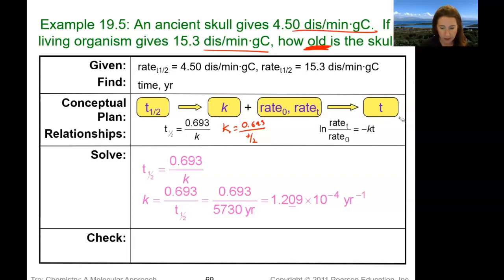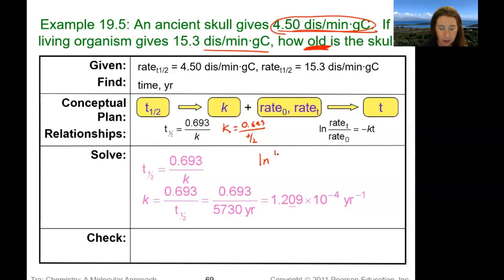However you want to solve this is fine. If we plug this in, the natural log is going to be at some time T, versus initial.